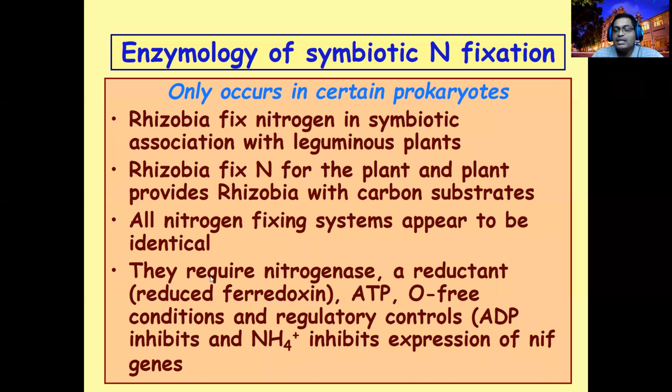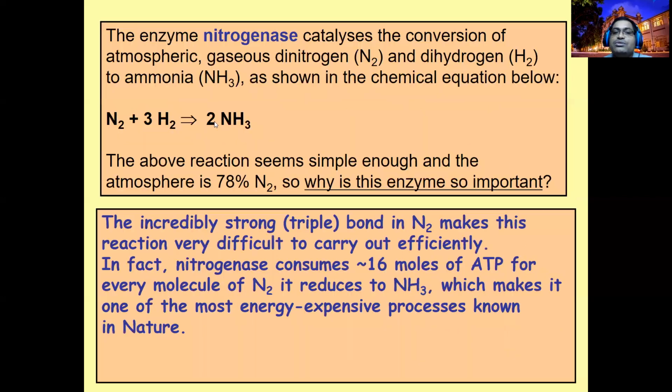For the working of this nitrogenase enzyme, it needs ATP and it needs oxygen-free conditions, right? That's why this organism uses plant roots and modifies them into a nodule. The reaction is N2 plus 3H2 gives 2NH3.